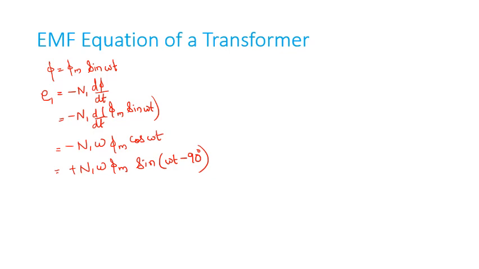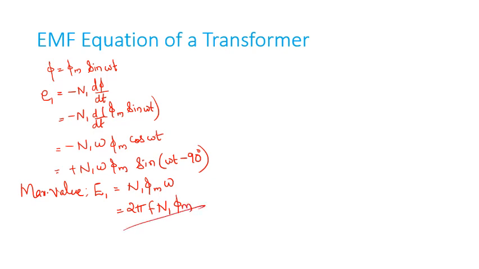Now, the maximum value of induced EMF E1 will be N1 phi m omega. That is equal to 2 pi f N1 phi m, which is the maximum value of induced EMF.